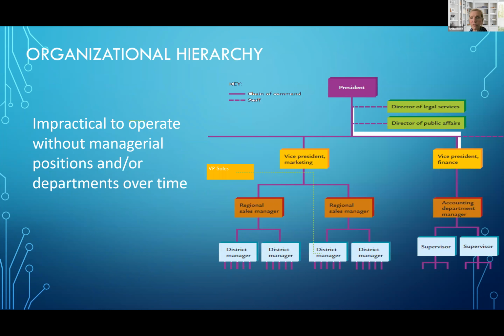Now, the hierarchy of organizational, this is an org chart, right? Organizational chart that shows the president or CEO, maybe the entrepreneur, and then vice presidents, managers, lower-level managers, and then eventually the workers. And it's sometimes very difficult to not have some type of operational chart with managers as a company grows over time.